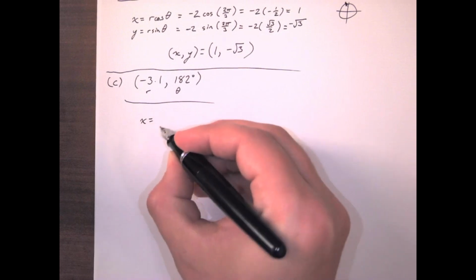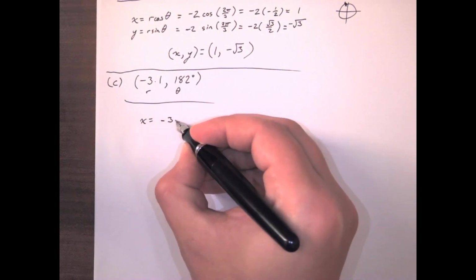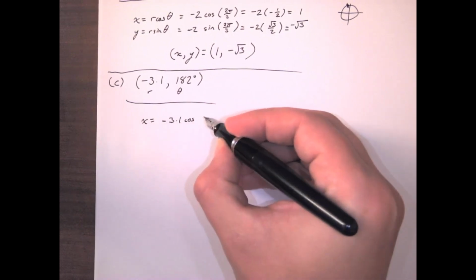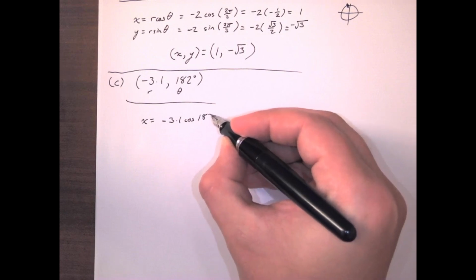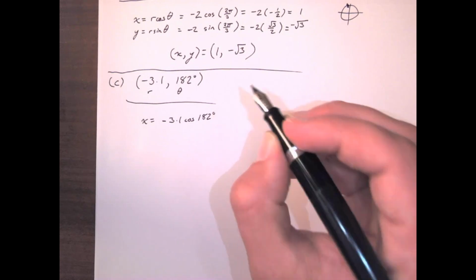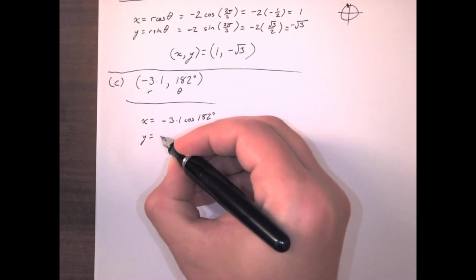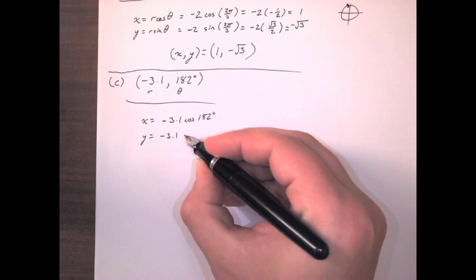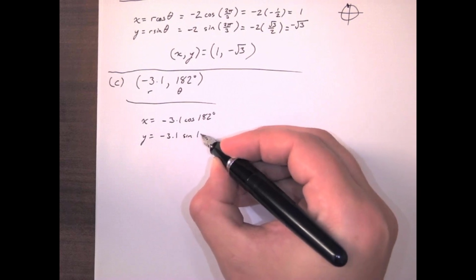So x equals r, negative 3.1, times the cosine of 182 degrees, whereas the y is equal to negative 3.1 times the sine of that same angle.